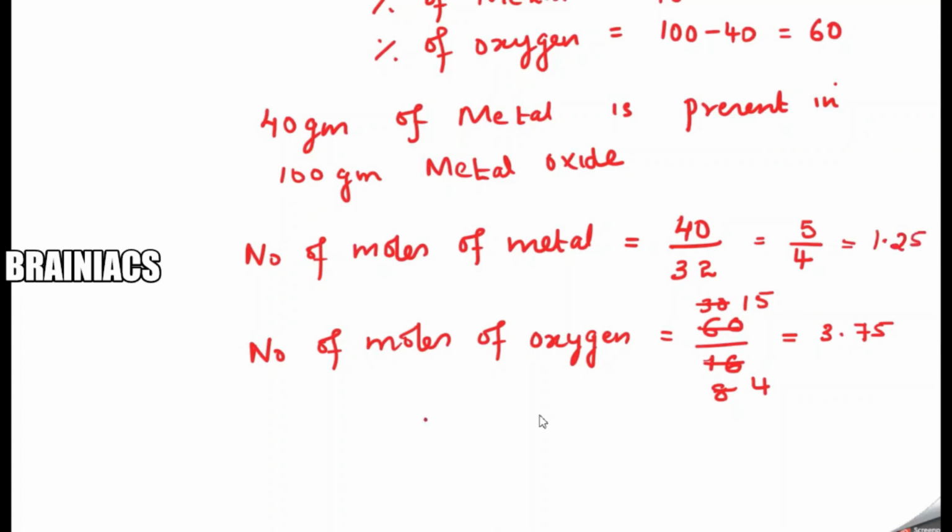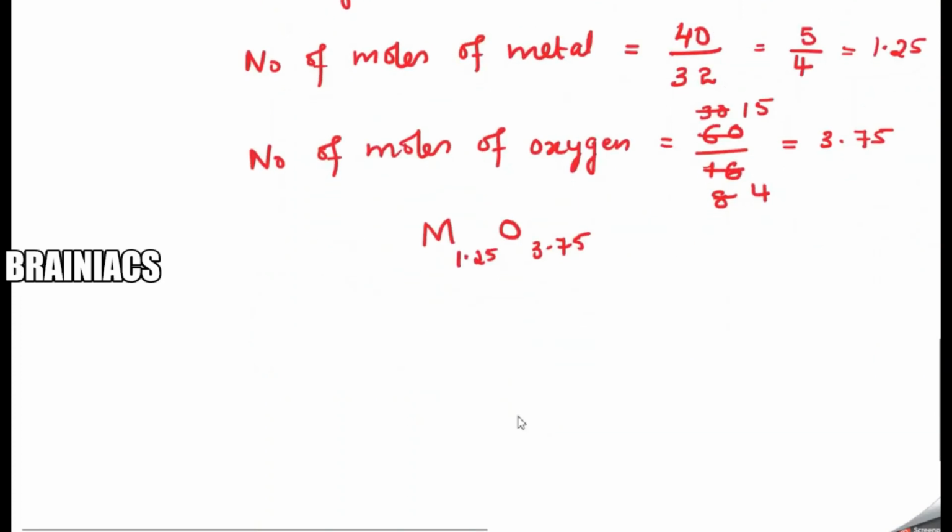Now tell me, the metal to oxygen ratio here is 1.25 to 3.75. But they are asking for the empirical formula. So to get the empirical formula, you should get the lowest possible ratio. So how can you do that? Metal to oxygen ratio is equal to 1.25 to 3.75.